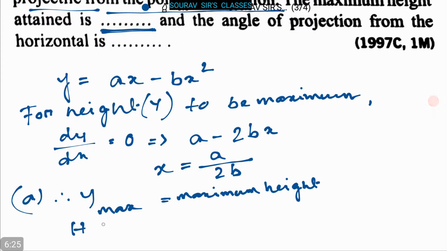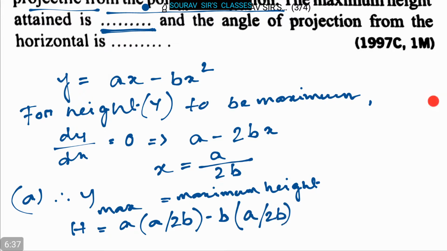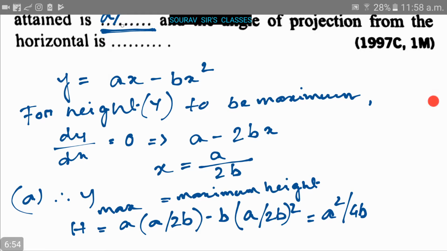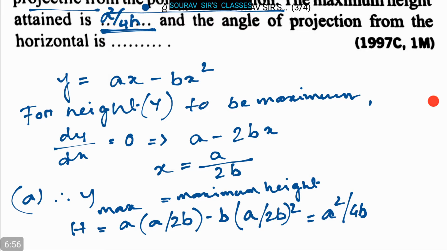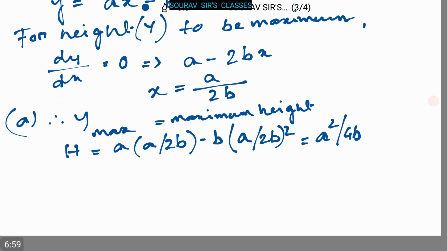Here h is equal to a into a by 2b minus b into a by 2b whole square. This is equal to a square by 4b. So we can write the value here as a square divided by 4b.